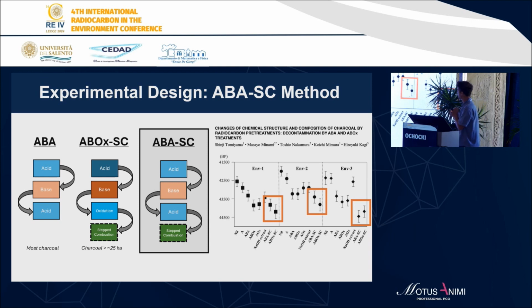And one of the papers that inspired or motivated this experiment was this one, showing that perhaps ABA-SC for these three samples here can produce ages similar to ABOX-SC.